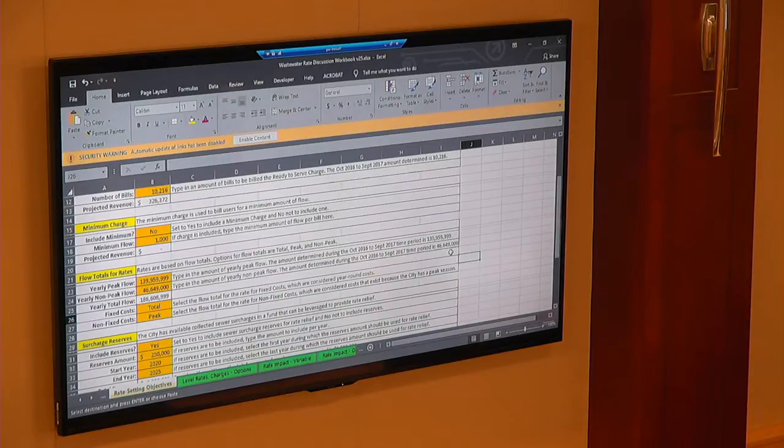So basically, let's think about what the cost would be if there wasn't an uptick in flow because of the peak season. Those are what we're considering our fixed costs. The non-fixed costs are everything else, or costs that are incurred by the city because there is that uptick in flow or because there is that high season. So it makes sense to tie peak flow to those costs because those costs are related to that additional flow.